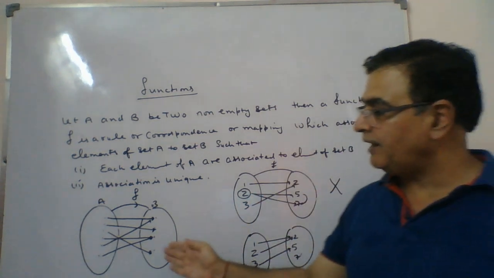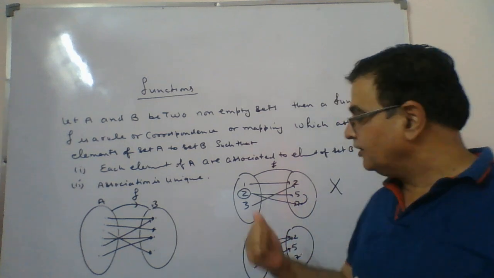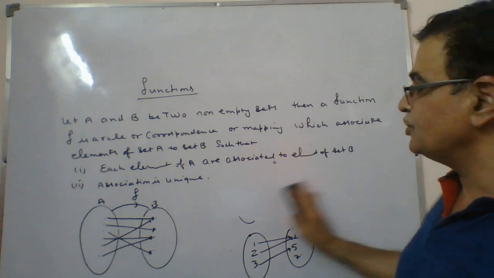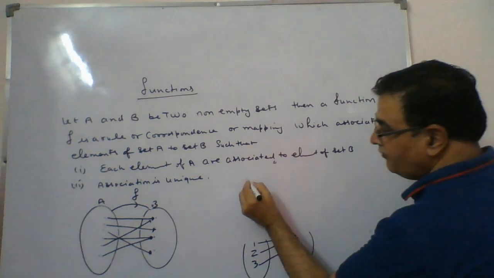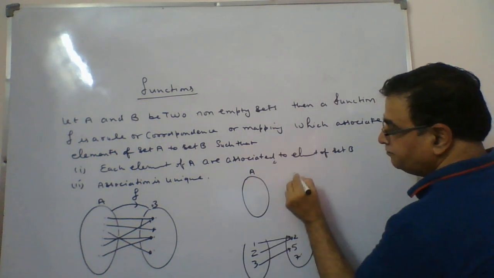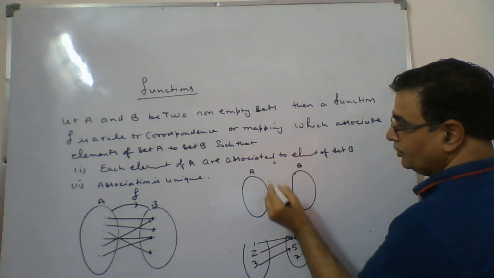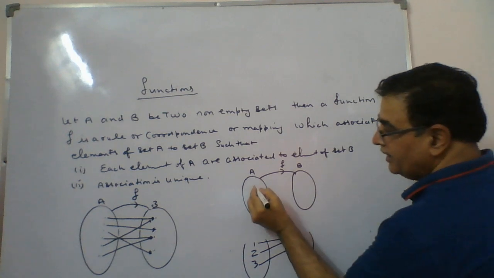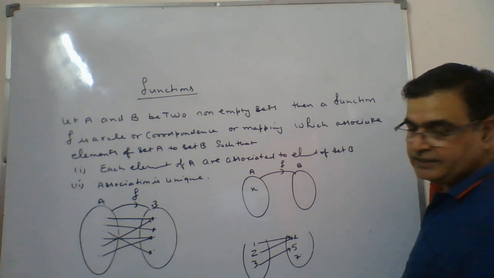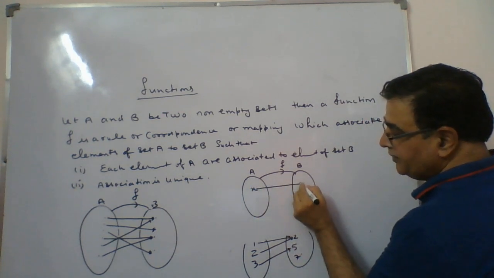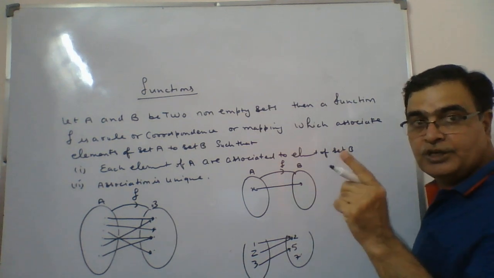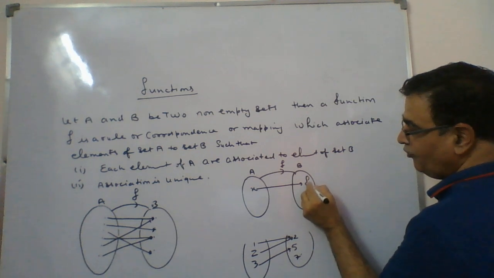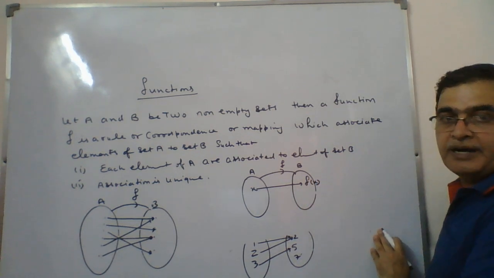So you should keep in mind, the association should be given in such a way that each and every element this side should have the association, and that association should be unique. Then we will say this is the set A, this is set B, this will be the function denoted by F. Here we will say each element X will have association this side with a unique element, and that image which you will have will be called F image of X, denoted by Fx.